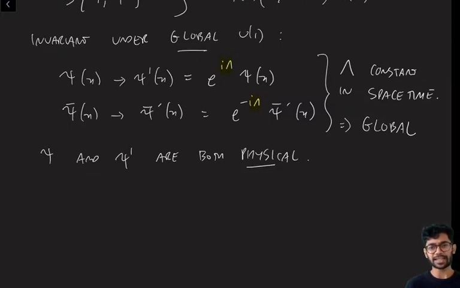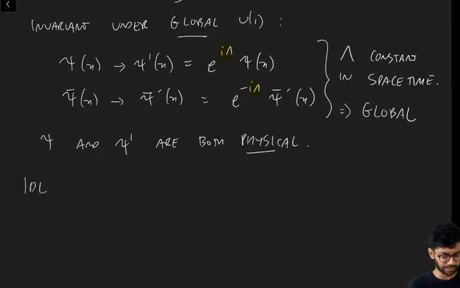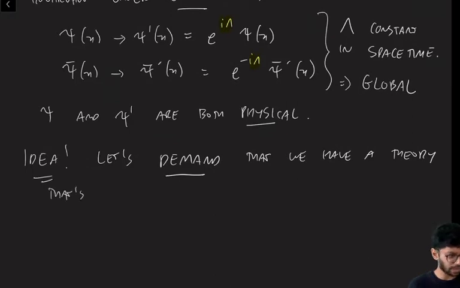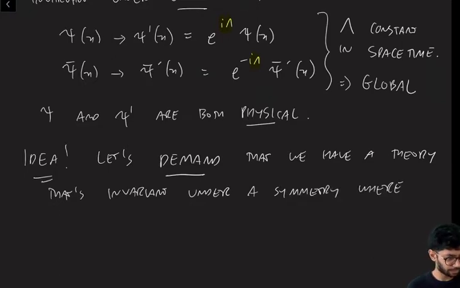Now here's an idea, which I'm going to state without a huge amount of motivation. I'm just going to state it as a thing that we're going to do. So here's an idea. Let's do something different. Let's demand that we have a theory that's invariant under a symmetry where the symmetry parameter lambda varies in space-time.